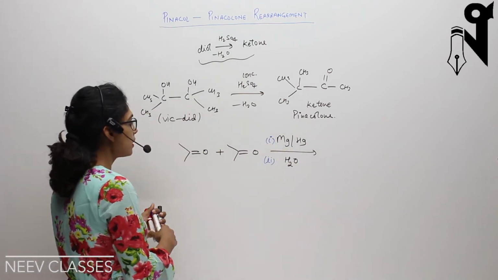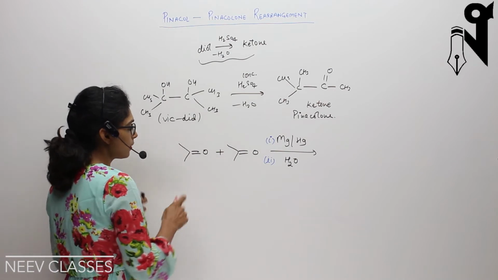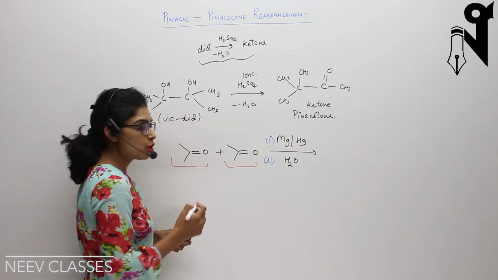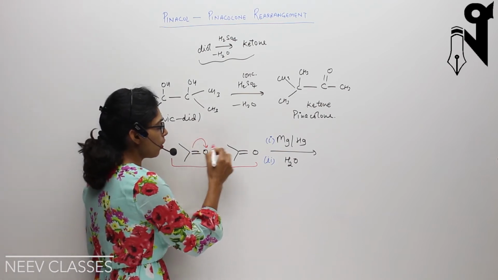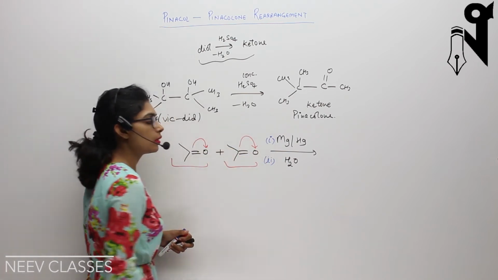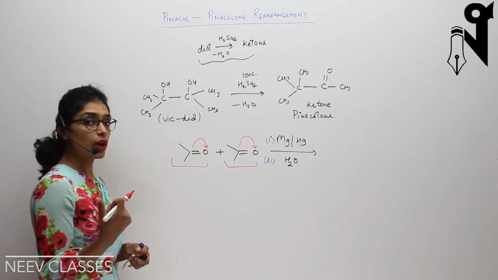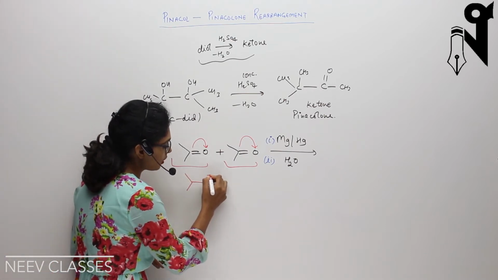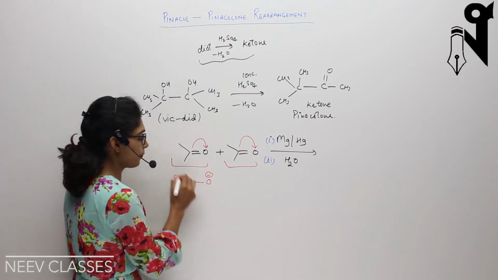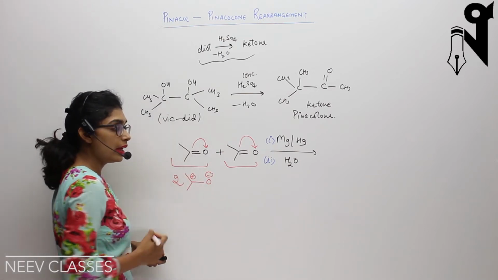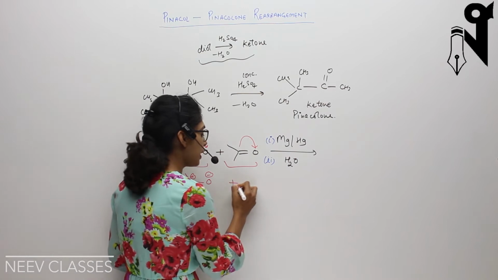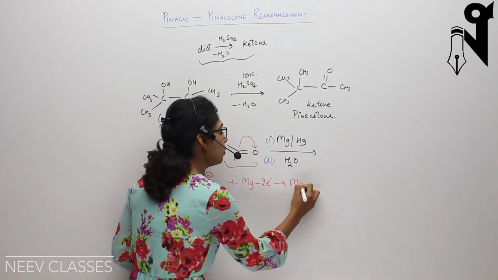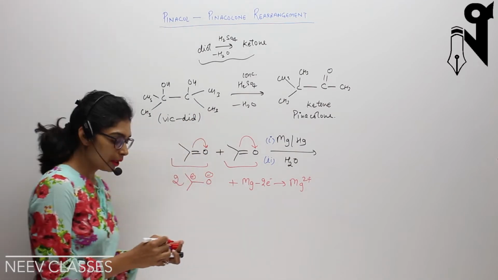So what happens is, with these two ketones in the presence of magnesium, the oxygens of both pull electron density and basically form a species like this. In parallel, Mg loses its 2 electrons and forms Mg2+.